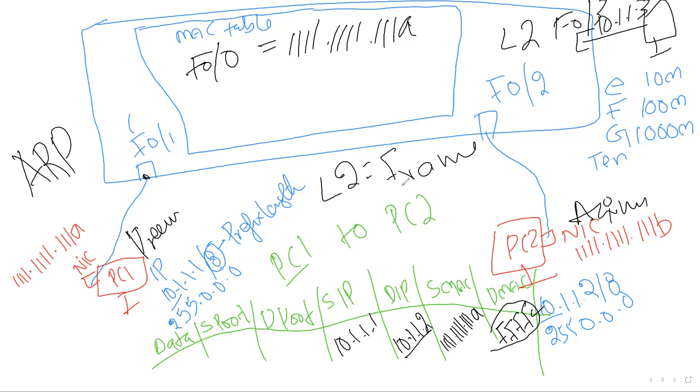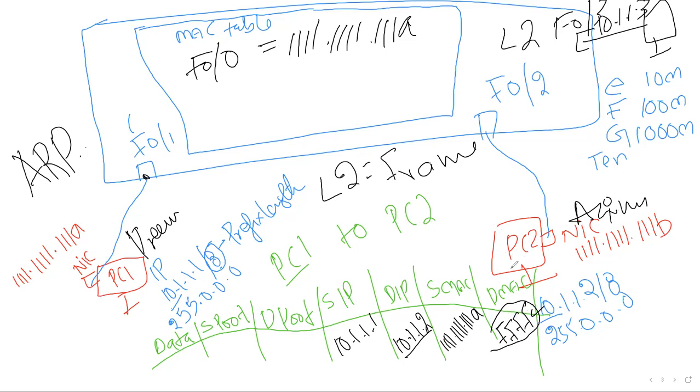Let's say PC2, which is Azim, receives the frame and comes to know that it is an ARP request. ARP means it's requesting to know the MAC of the receiver. Now PC2 needs to inform PC1 that this is my MAC.